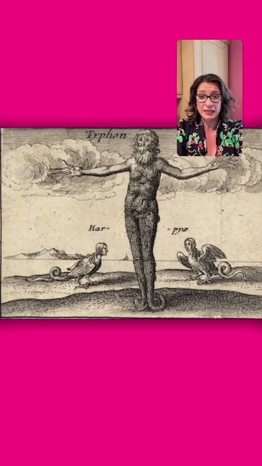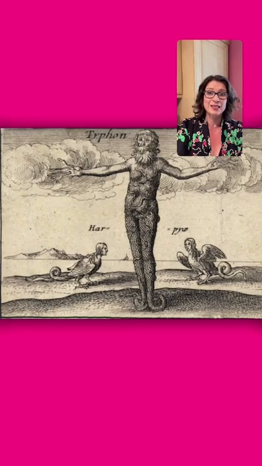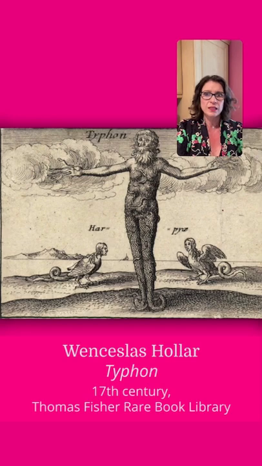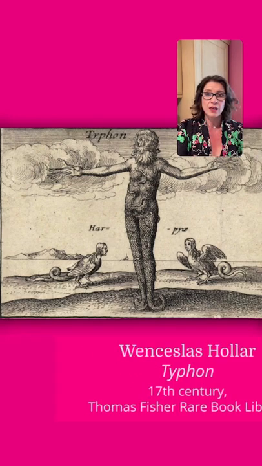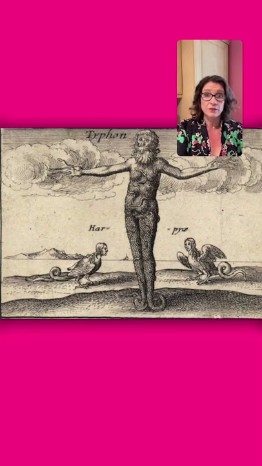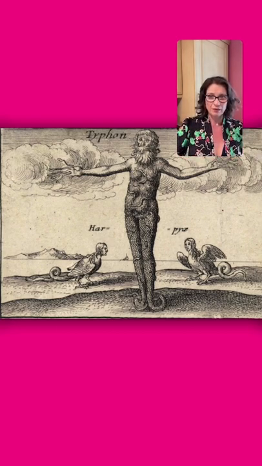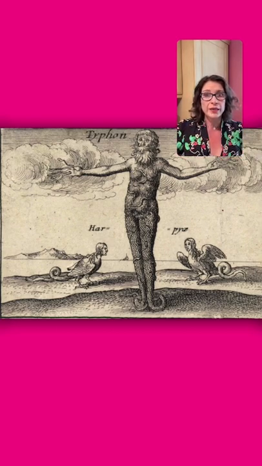Here he is again. He doesn't look very scary in this one, I'm going to say that. This is Typhon as depicted by a Czech artist who worked in London, very famous for his engravings like this, a guy called Wenceslas Hollar. So this is 17th century. You can see Typhon in the center here, again with the torso of a man and these snake legs and these very, very long arms, very wide reaching.